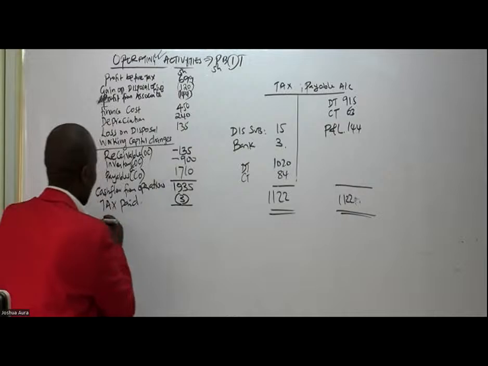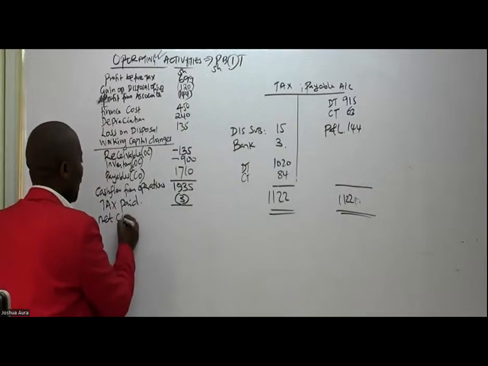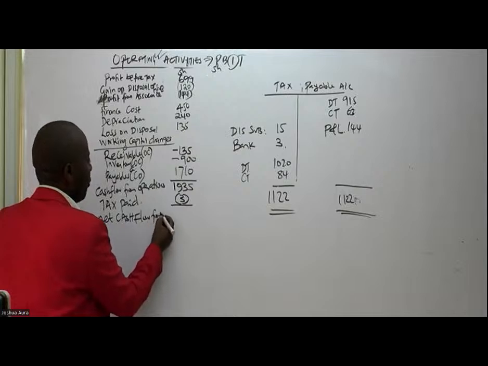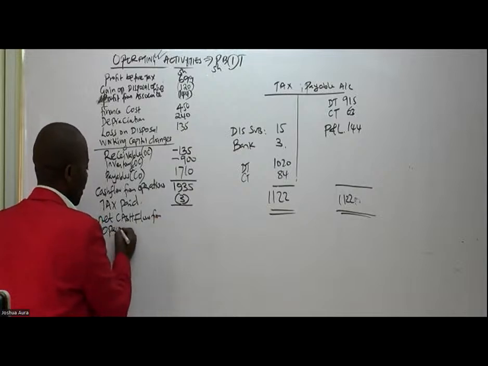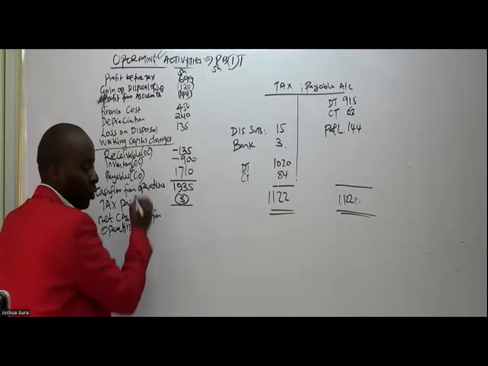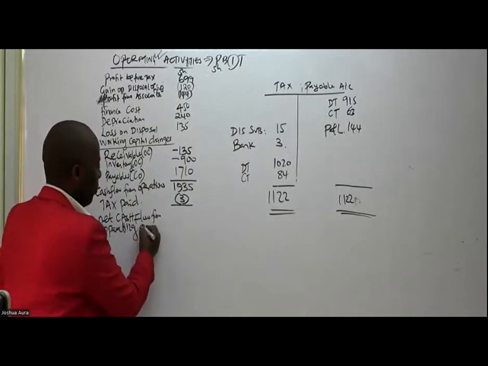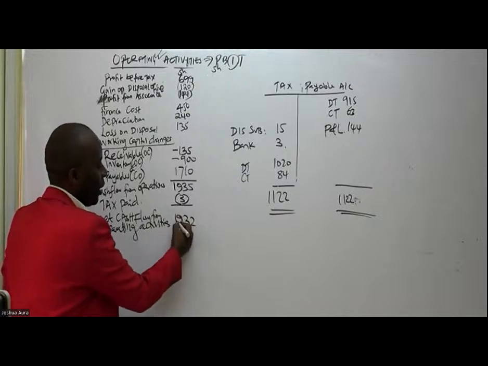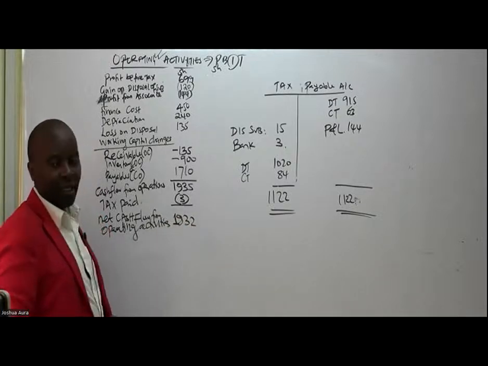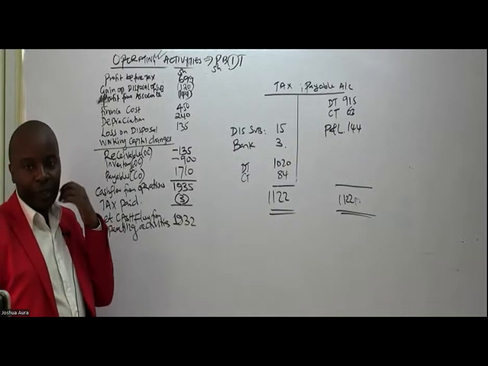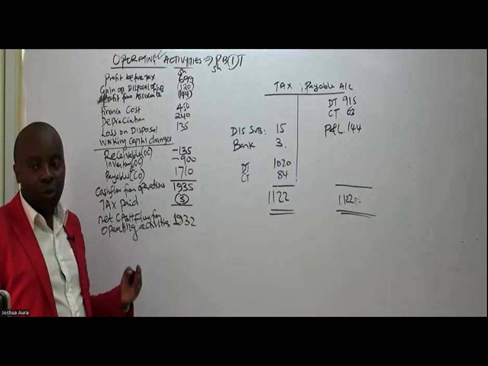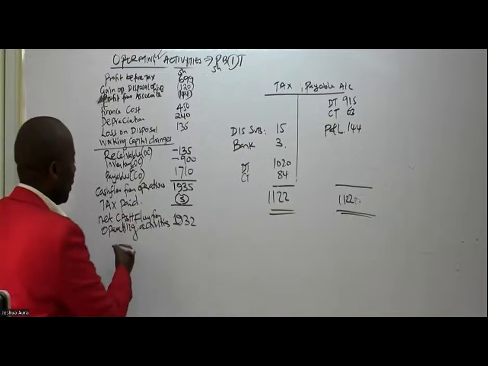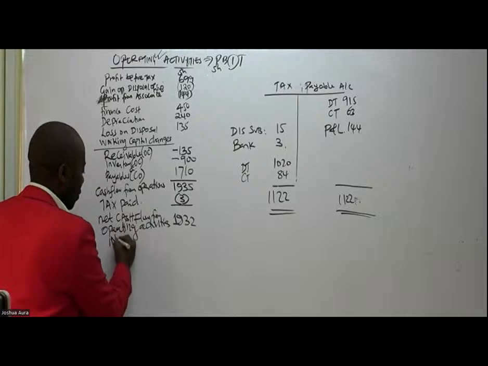Then we shall be able to get the net cash flow from operating activities, 1932. Now we are through with operating activities. Straight away, we go to investing activities.